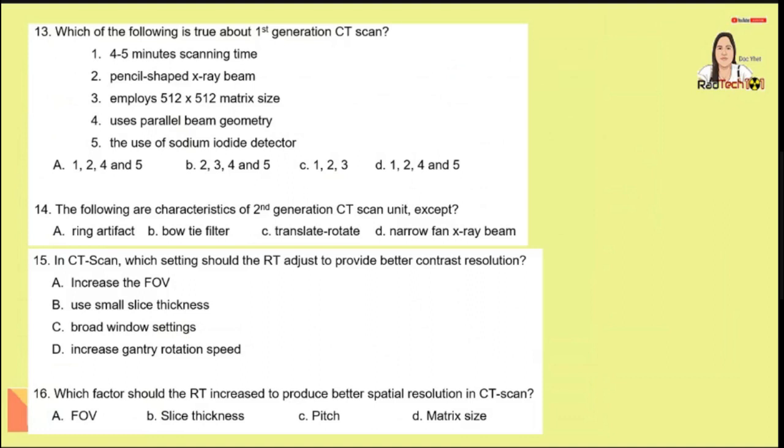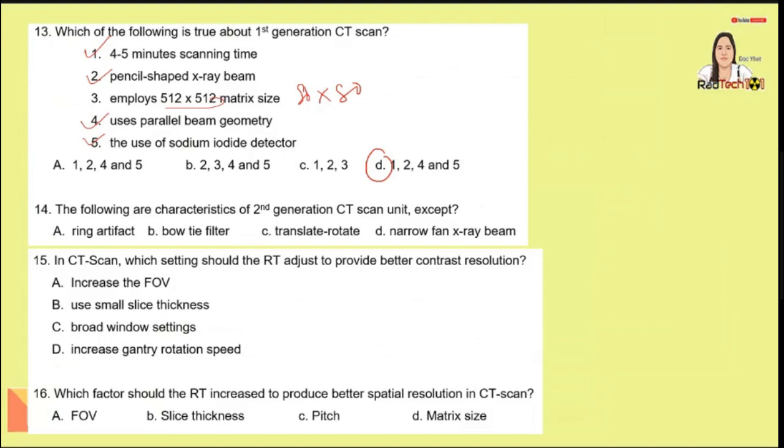So 13, which of the following is true about first generation CT scan? The correct answer is 1, 2, 4, and 5. These are true about the first generation. Number 3 is wrong because the matrix size of the first generation is about 80 by 80.